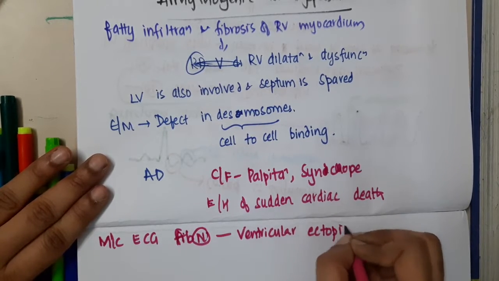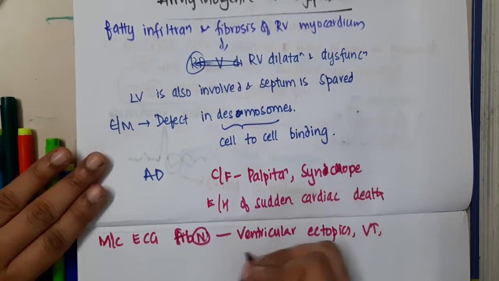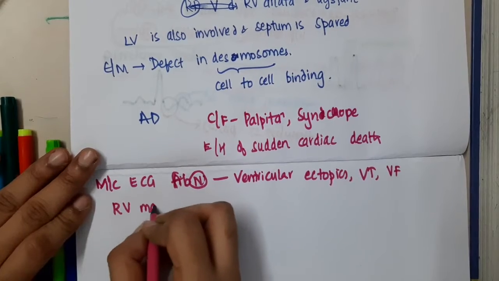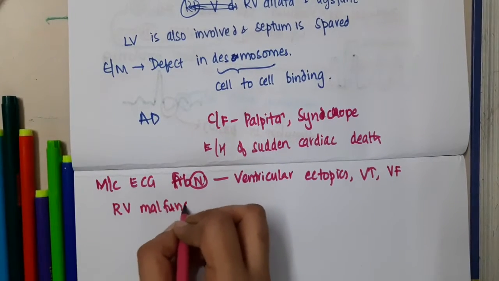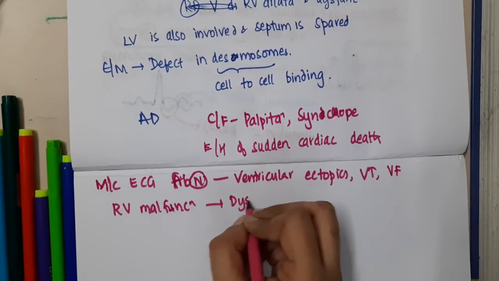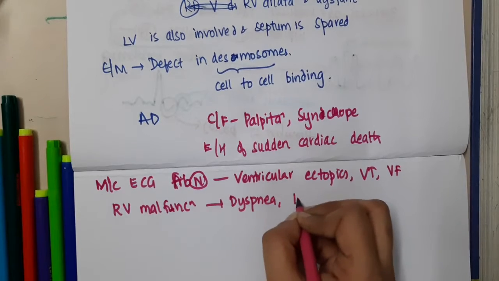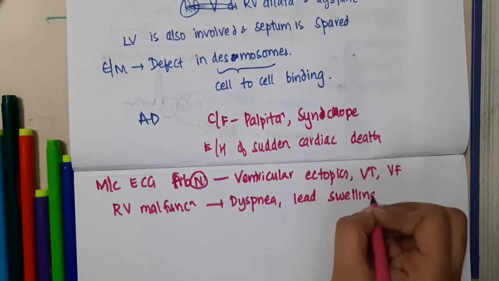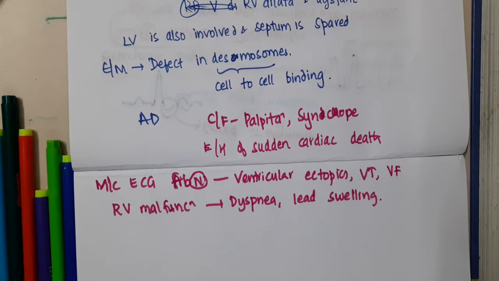There is also ventricular tachycardia, and you will also see ventricular fibrillation. Right ventricular malfunction is seen, which leads to dyspnea and leg swelling. This is an important feature of arrhythmogenic right ventricular dysplasia.